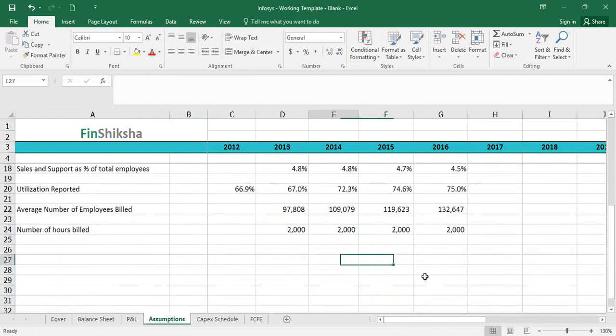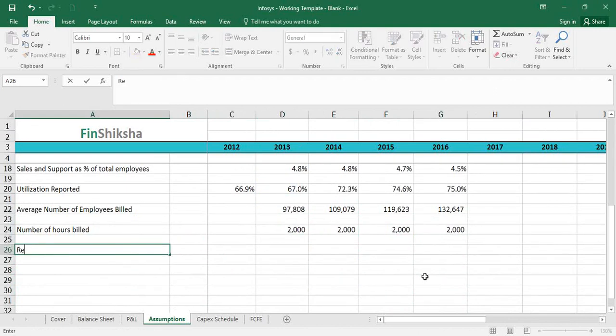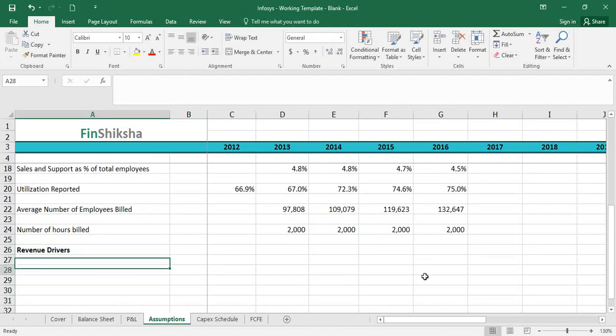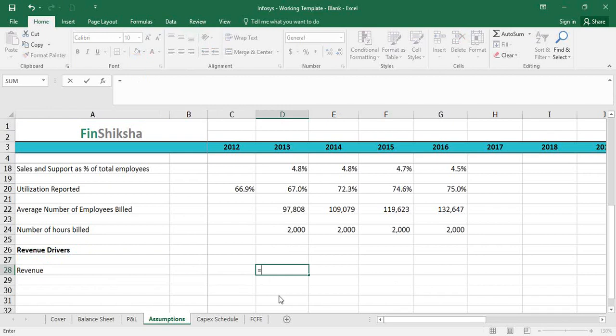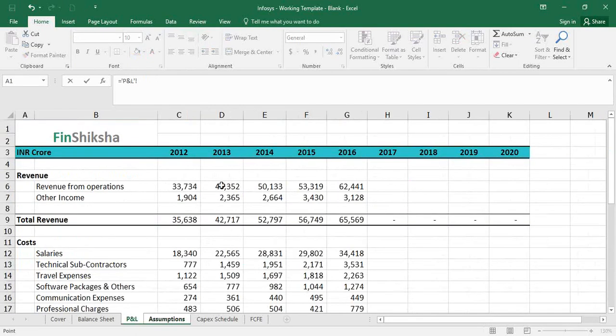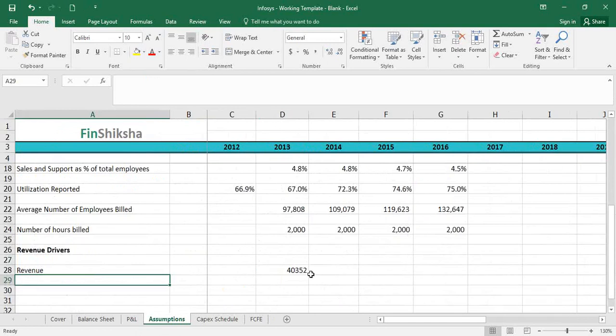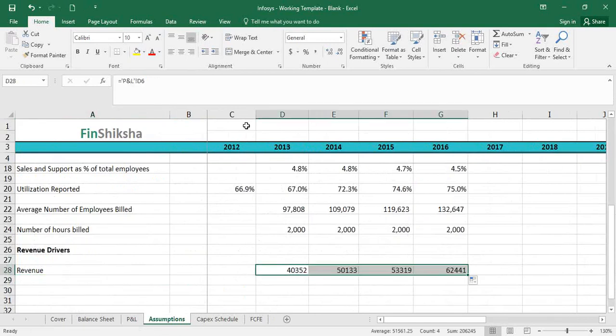Now, can I calculate the billing rate? So we are working on the revenue drivers here now, and we're trying to find out what is the total revenue, and the revenue number is available on the P&L. So I can plug this here, and because we have average data only post 2013, we'll plug in only that data.